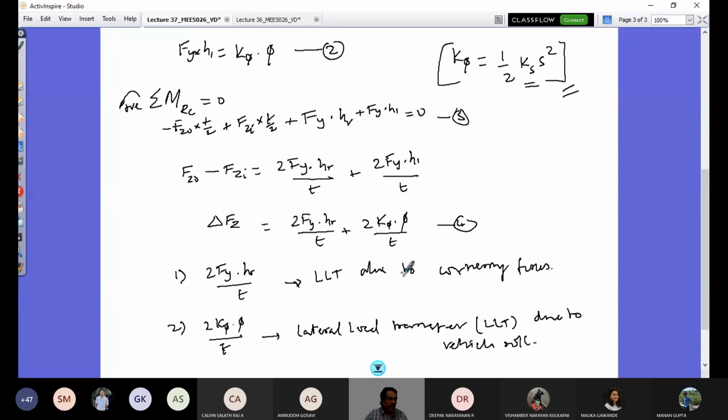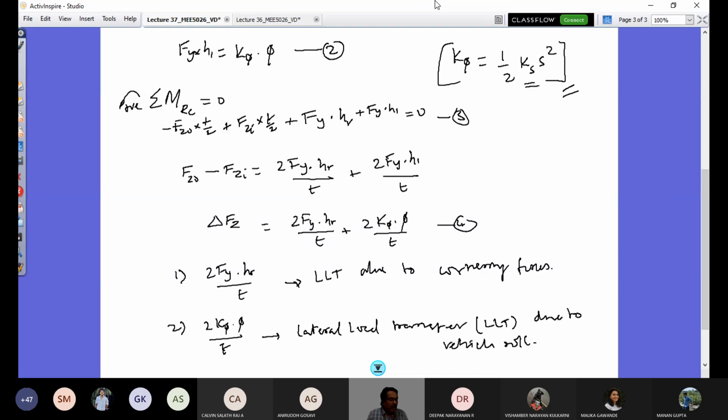Whereas the second mechanism, lateral load transfer due to vehicle roll, depends upon the roll dynamic aspect of your vehicle. That means the property of your springs. So the cornering condition would change this value. It is directly dependent on the front or rear roll moment distribution.